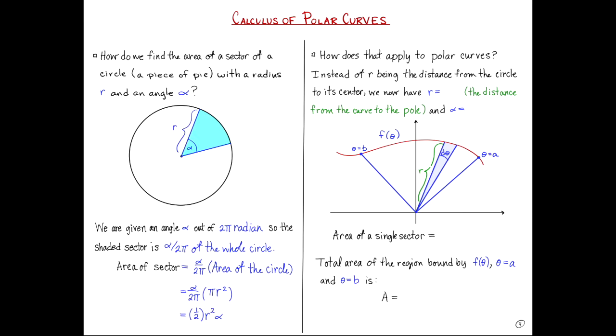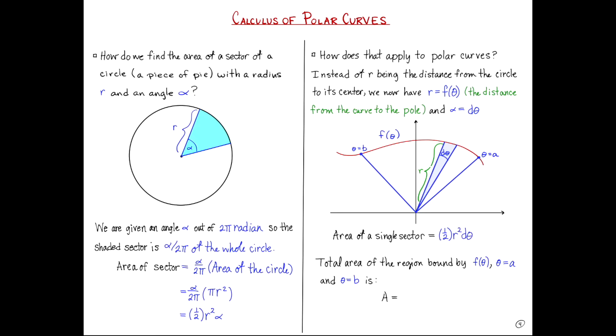How can we apply that to polar curves? Now, instead of r being the distance from the circle to the center of the circle, we now have that r is equal to f of theta, the distance from the curve to the pole, and alpha is equal to d theta. In terms of our polar curve, r equal to f of theta, the area of this shaded sector is 1/2 r squared d theta.